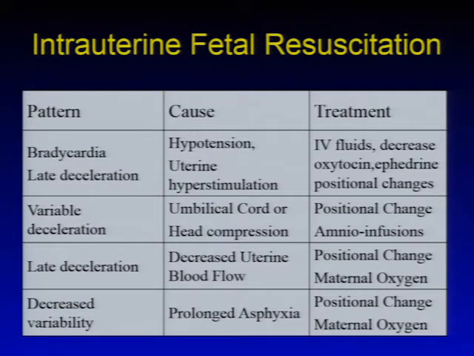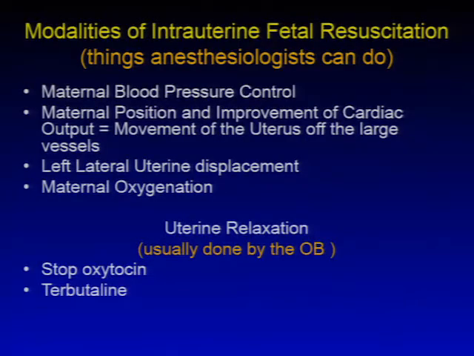Intrauterine fetal resuscitation can be done, and the patterns that are associated with different causes and treatments can be taught. Modalities of intrauterine resuscitation that an anesthesiologist can do is to maintain uterine blood pressure, improve maternal position, and maintain maternal oxygenation.